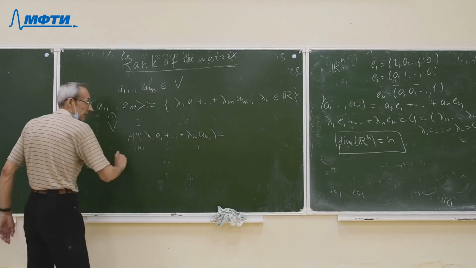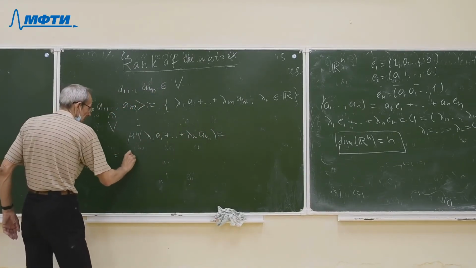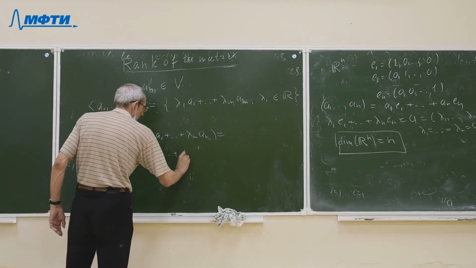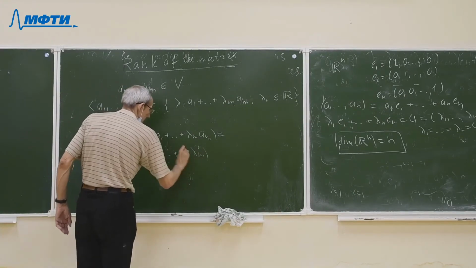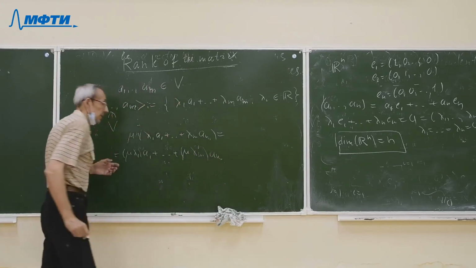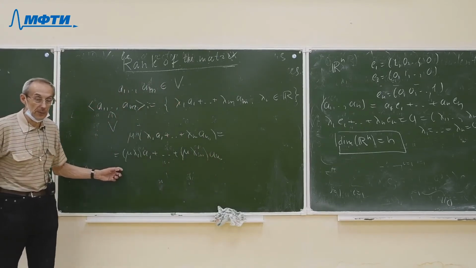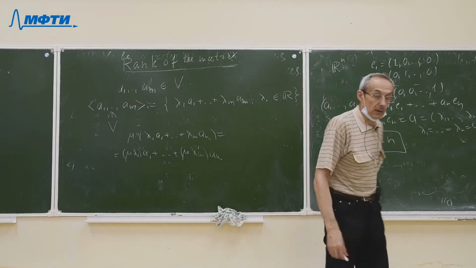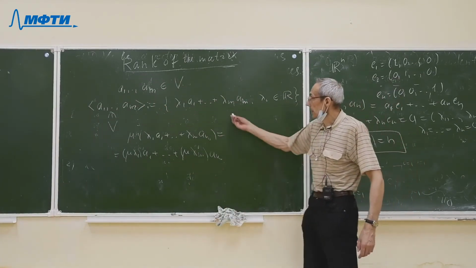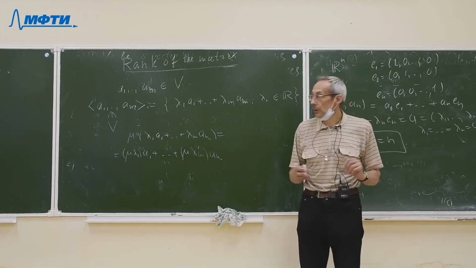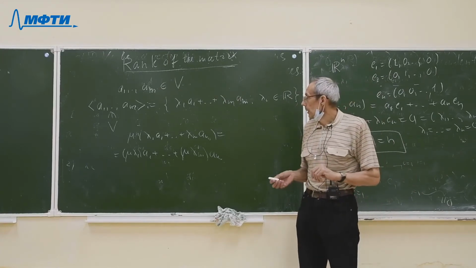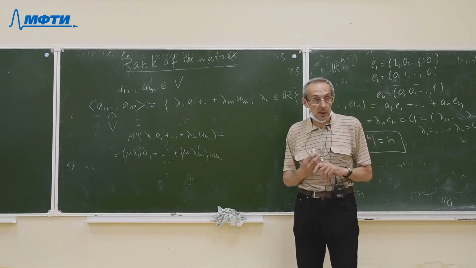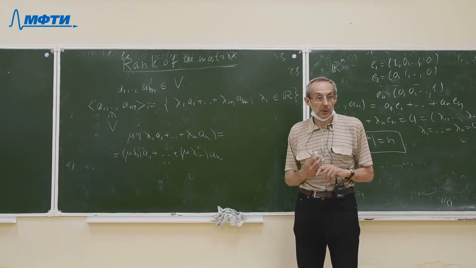Using distributivity laws, I obtain a linear combination also. And we obtain that the set of all linear combinations has two operations, sum and scalar product.